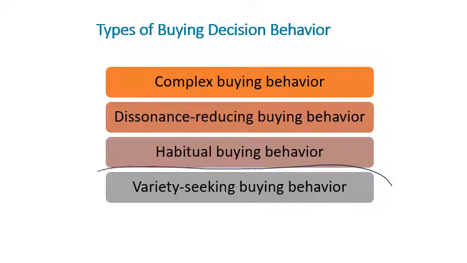And finally, we have variety seeking behavior. This is something that happens in situations where having different choices enables the customer to have extra utility or enjoyment out of it. So it could be a simple scenario where I really enjoy a product like yogurt, for example.